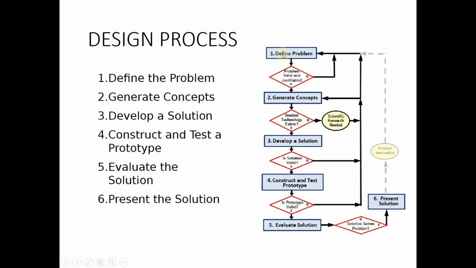The first process is defining the problem. Then we have the second process, generating the concepts. Third is developing a solution. Fourth, construct and test the prototype. Fifth is evaluate the solution. And sixth is present the solution.